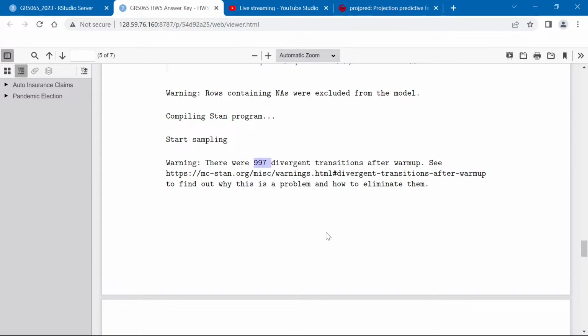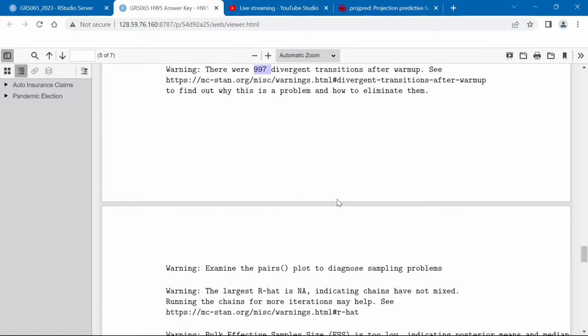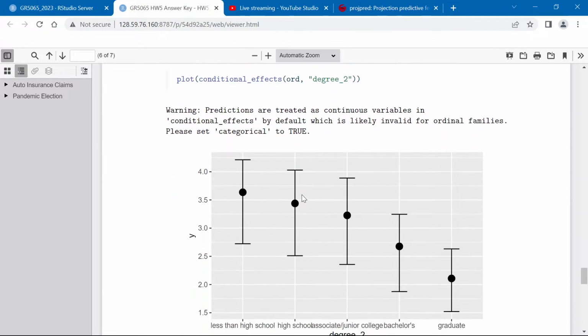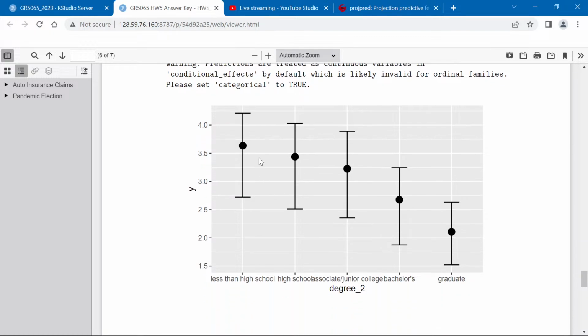I left this in because I want to show what you want to do later. But this is not good. It does have a link here that you can go to that has some more information, but we'll talk about that. So anyway, we get a whole lot of warnings with this. But you can plot the ordinal relationship that was assumed.